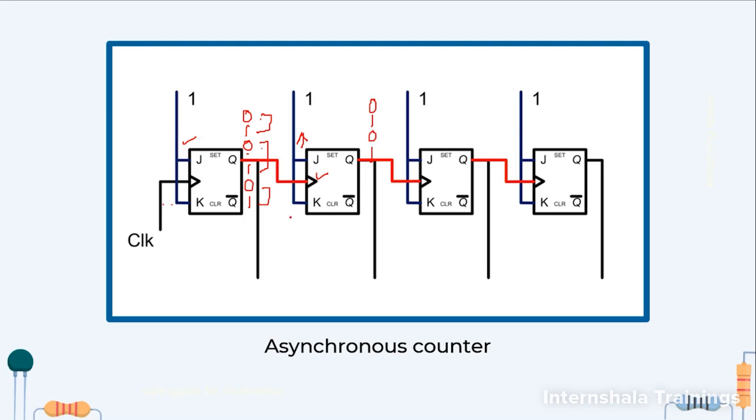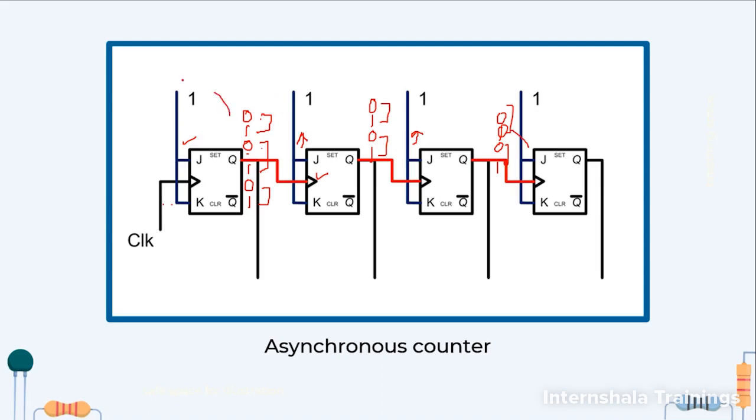But whenever we traverse from one flip-flop to another, the operation speed will go down by 2 times, because now these 2 clocks will decide one single trigger. Then the next 2 clocks will decide one single trigger. So what is going to happen?